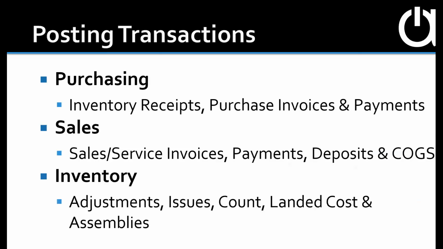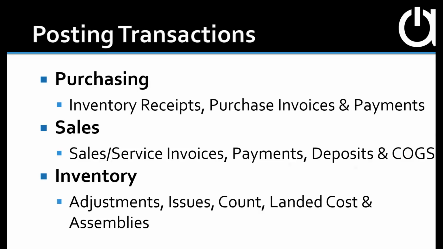Transactions that post, this is when QuickBooks actually sees the transaction. So we have purchasing, your inventory receipts, and I will go through the GL accounts that impact each of these. Your vendor bills or purchase invoices, payments that you've made. They go from Acctivate into QuickBooks. You have your sales.